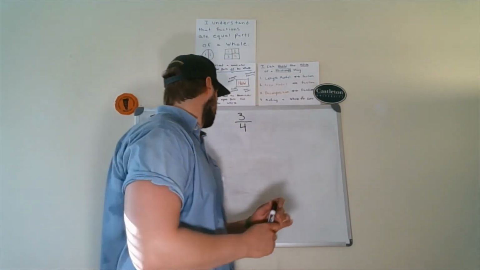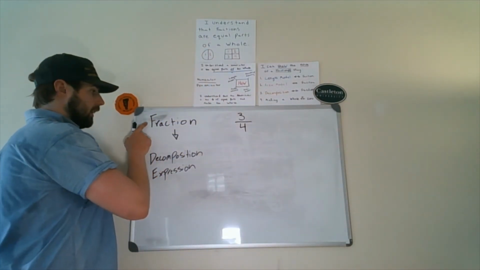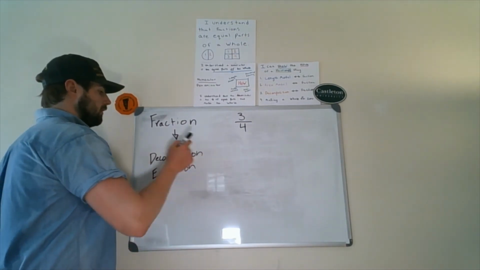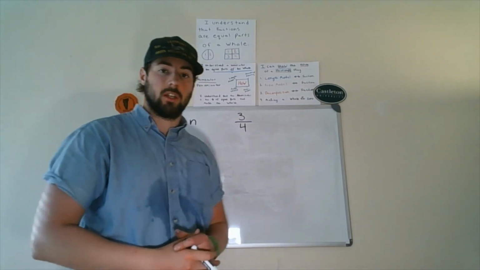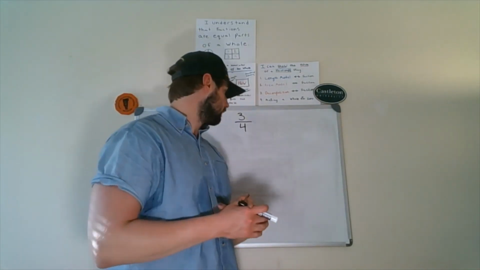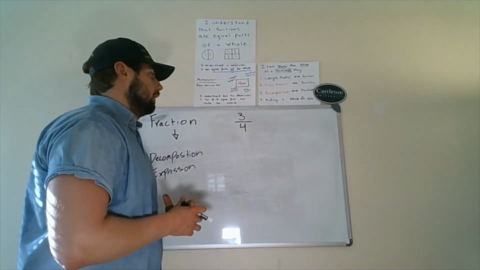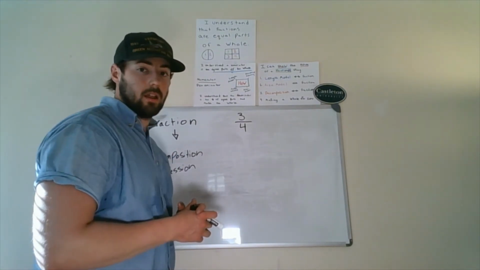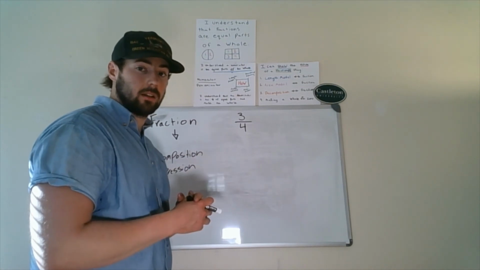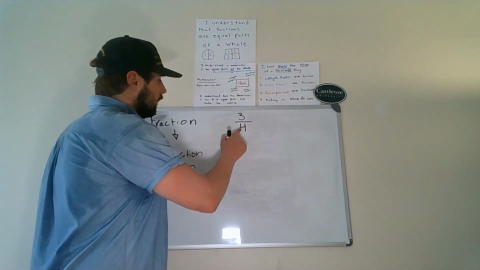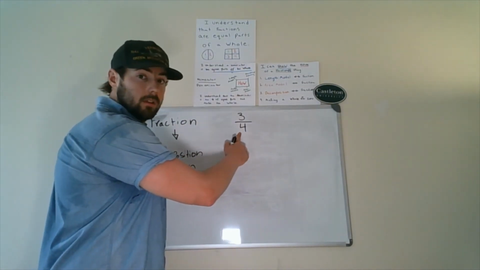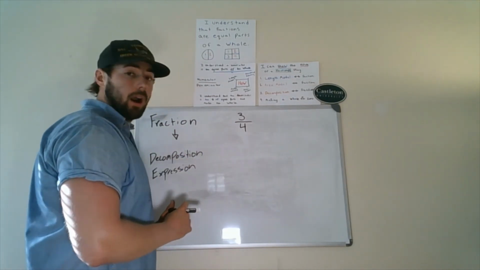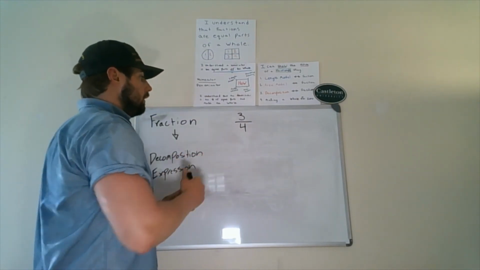All right, guys. We do for taking a fraction and decomposing it, or making it into a decomposition expression. As we start with all our strategies, you need to start with the parts that make the whole. I need to look at my denominator. I have 4 parts that make my whole. How many parts? 3.